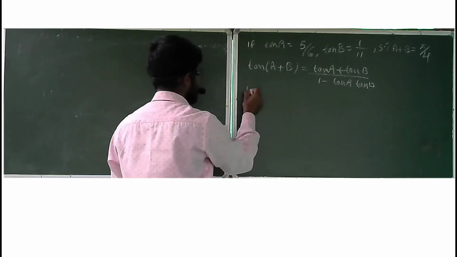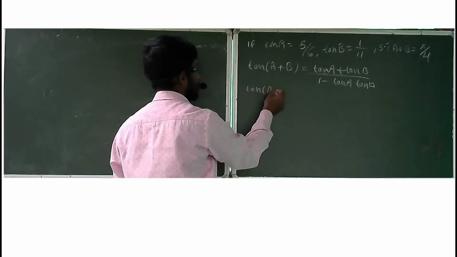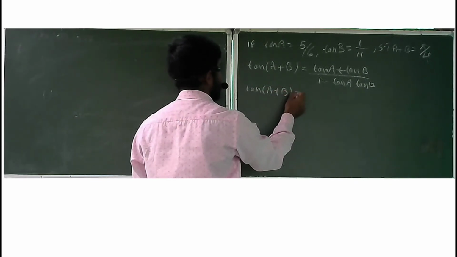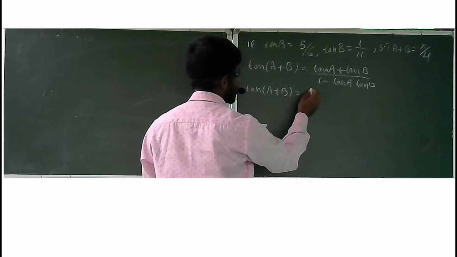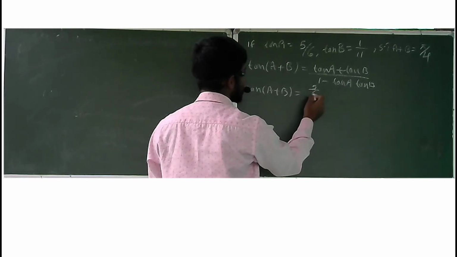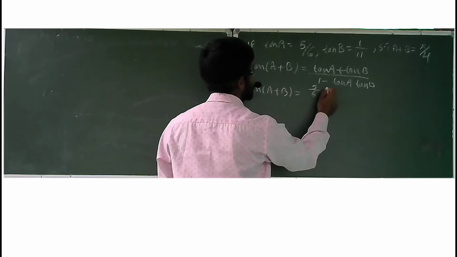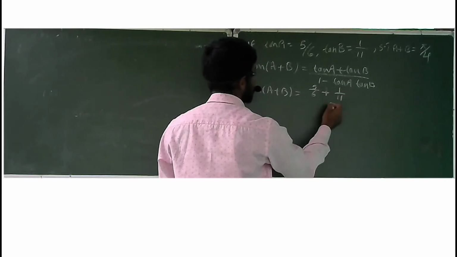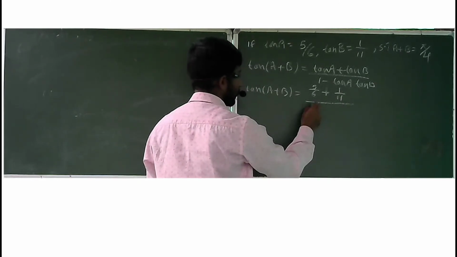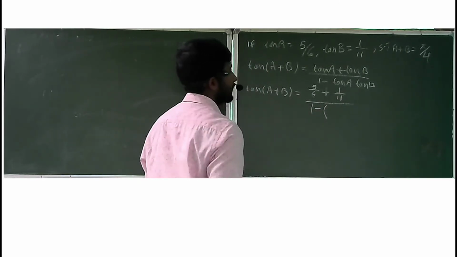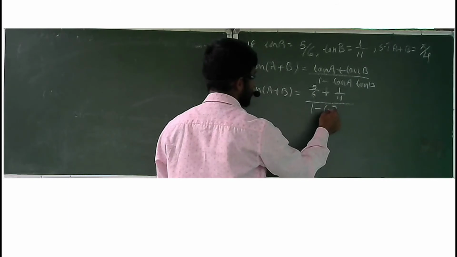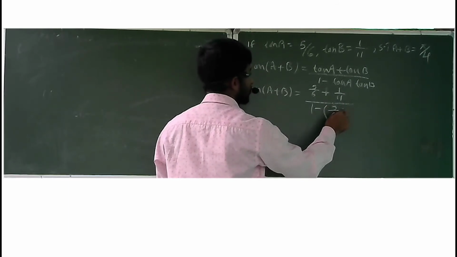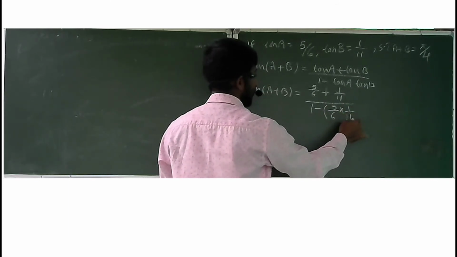Substitute the values. Tan of a plus b is equal to tan a, that is 5 divided by 6, plus tan b, 1 by 11, divided by 1 minus tan a, which is 5 by 6, into tan b, which is 1 by 11.